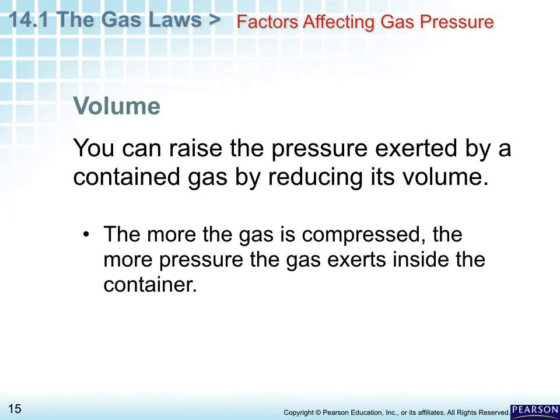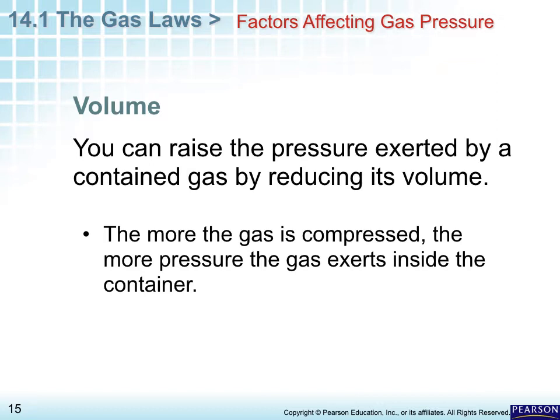Volume. You can raise the pressure of a gas by reducing its volume. They are what we call inversely proportional. As the pressure goes up, the volume is going down. So the more you compress it, the smaller the volume gets, the higher the pressure is. Sort of like when you squeeze a balloon.